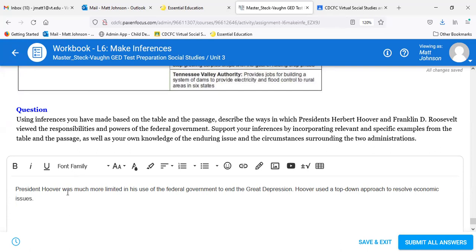And then President Roosevelt took a much more active role with more programs directed at American citizens.